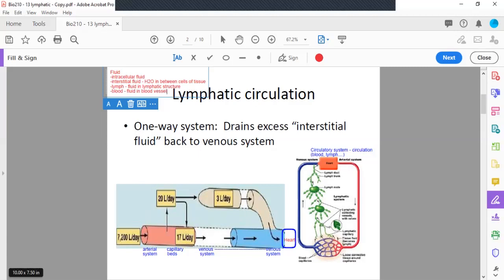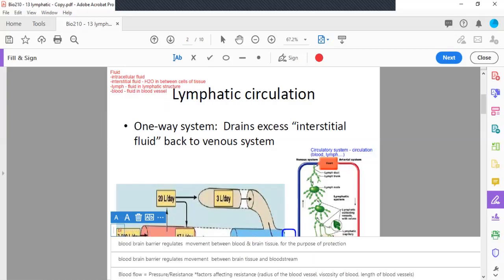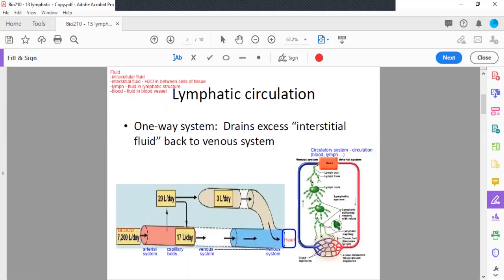Okay. So in any one day, we have about 7,200 liters of blood going into the blood vessels, the arterial system. Now, of that 7,200 liters of blood going into the arterial system, there is 20 liters of water leaking out of the capillary.